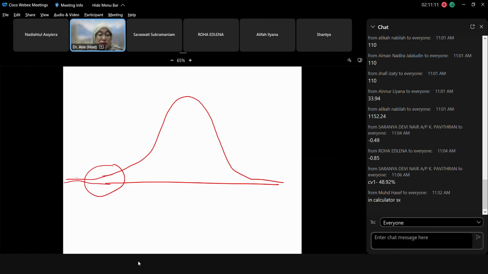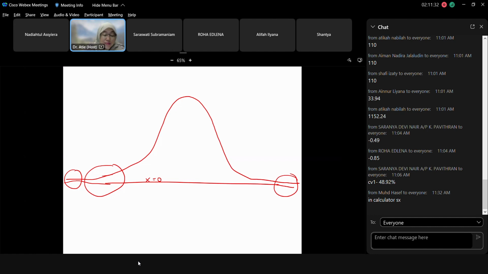But it never touches this line, x equal to 0. Even though it goes to infinity, it never touches 0. So that's what number 5 means.